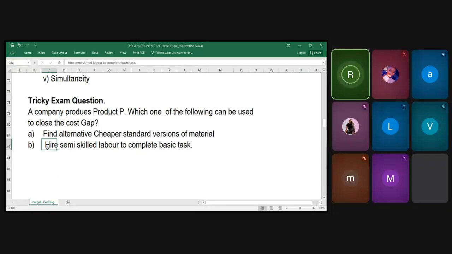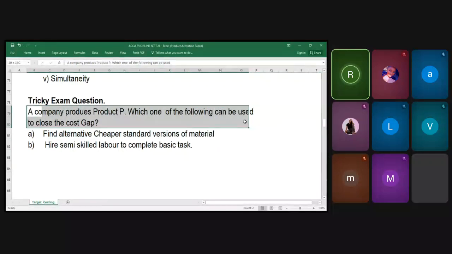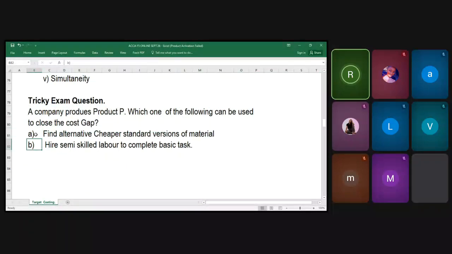Labor is critical in a service industry. So reading and understanding this scenario could make you pick the correct answer. If it was a service industry, we could leave A and choose B, because in a service industry, labor dominates. In a manufacturing industry, material dominates.